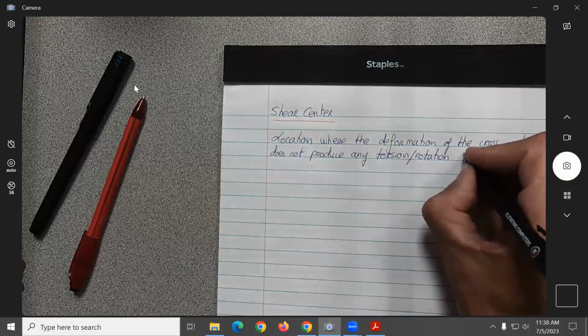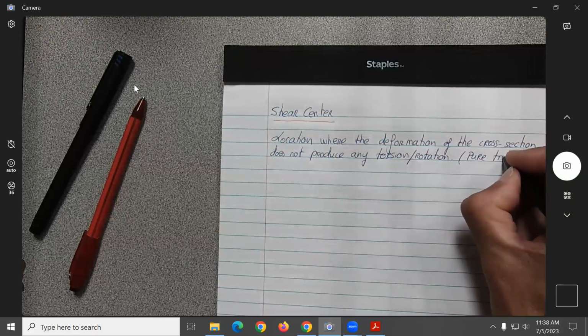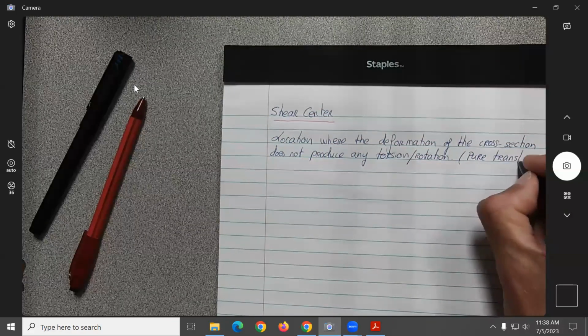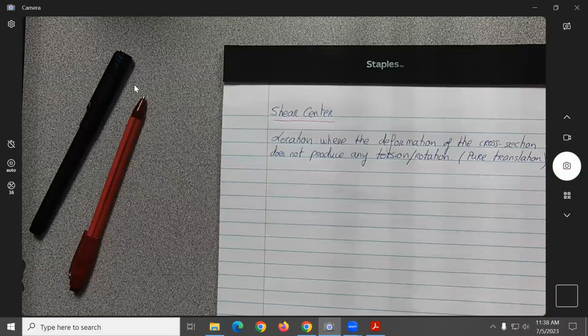So basically what that means is that the motion of that cross section is just going to be due to translation.